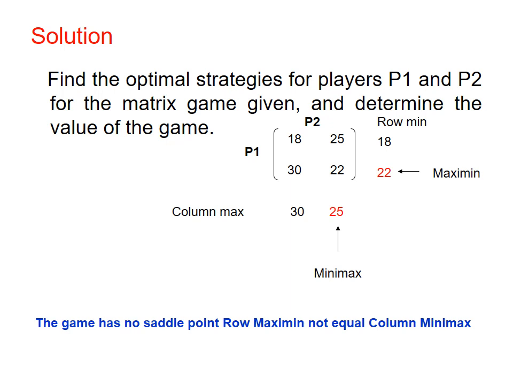When we compare the row minimums 18 and 22, we will select the maximin, 22, and for the column, 25 represents the minimax. The two numbers are not the same, so the game has no saddle point. The row maximin is not equal to the column minimax.